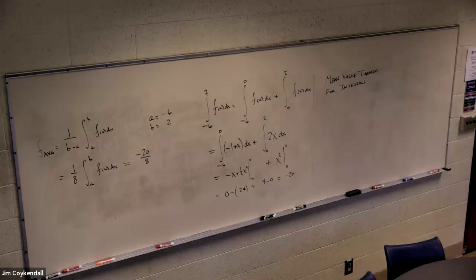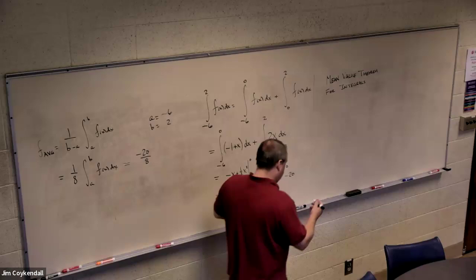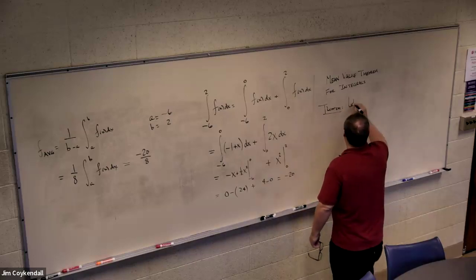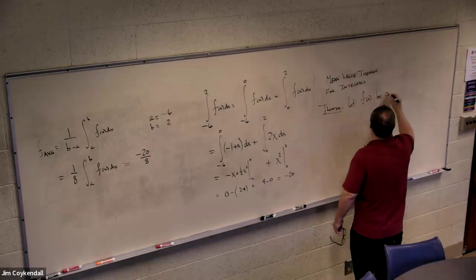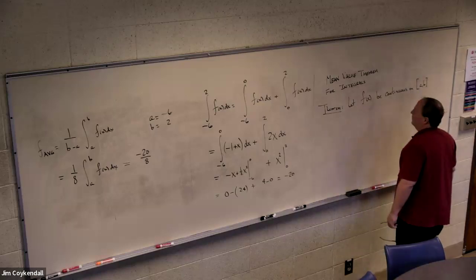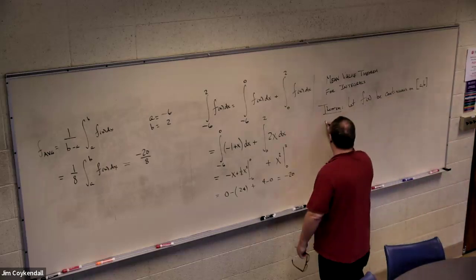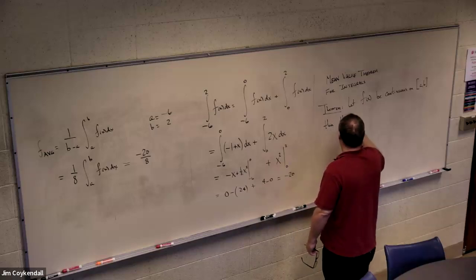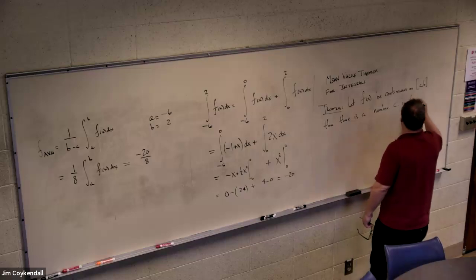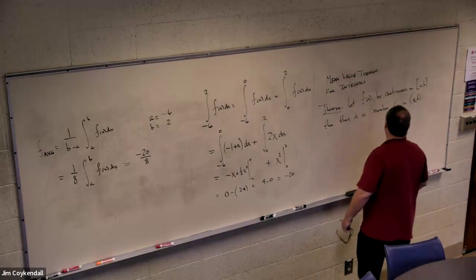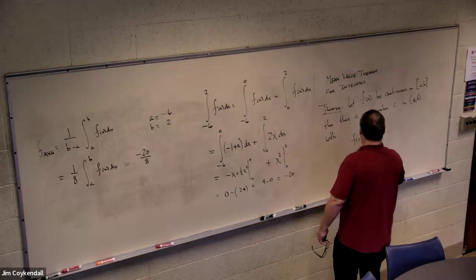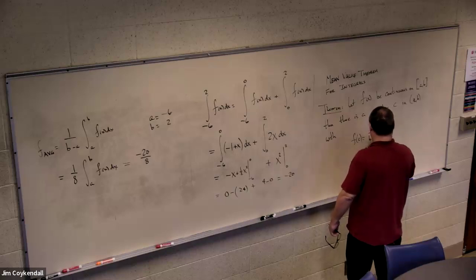Let's suppose that f is continuous on [a, b]. Then there is a number c in the open interval (a, b) with f of c equal to 1 over b minus a times the integral of f from a to b.